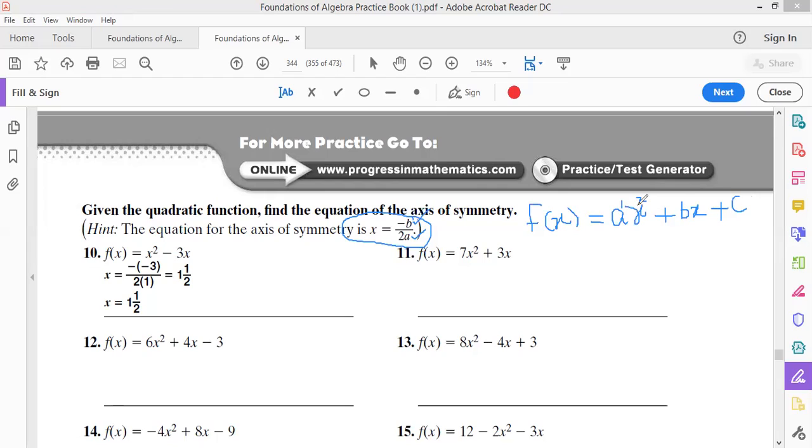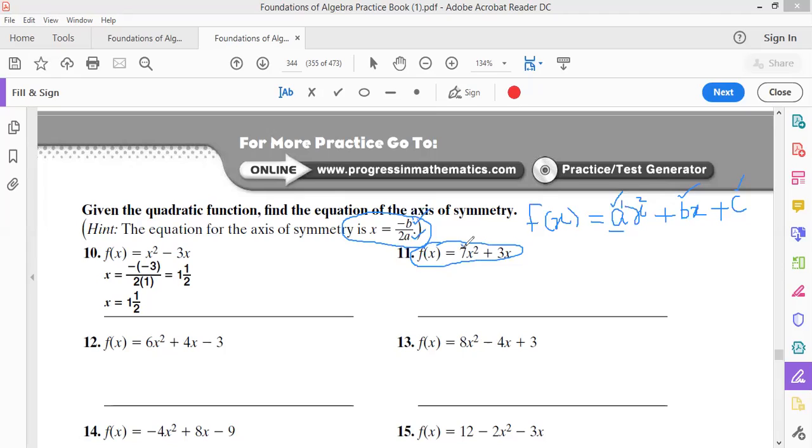Look at there, the value with x squared, this is a. And with x, we call it b, and the number with no x or y, we call it c.